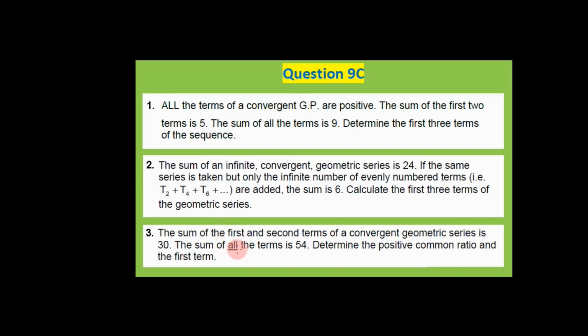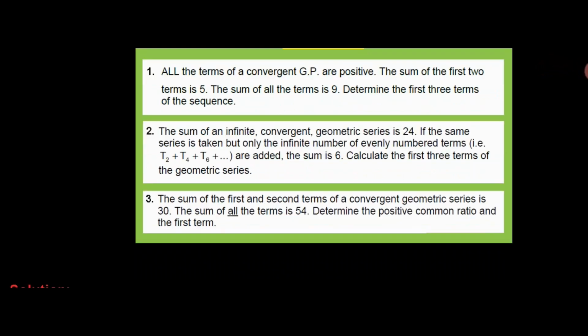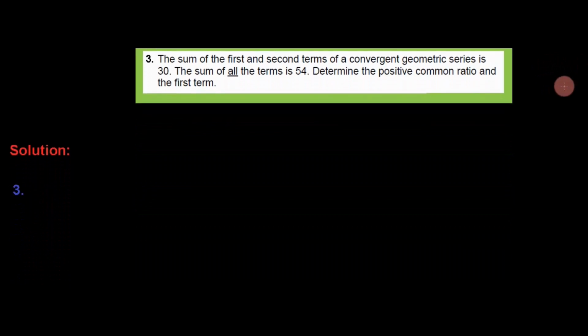Then coming to the last question here, it says the sum of the first and second terms of a convergent geometric series is 30. The sum of all the terms is 54. Determine the positive common ratio and the first term. So the sum of the first and second terms, so that's T1 plus T2, this is equal to 30.